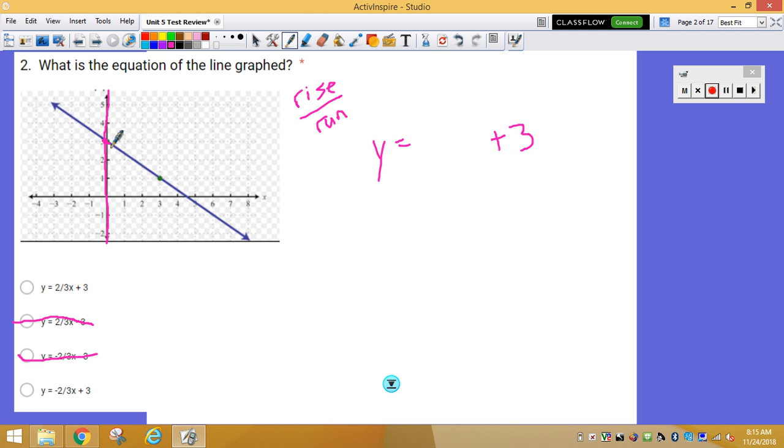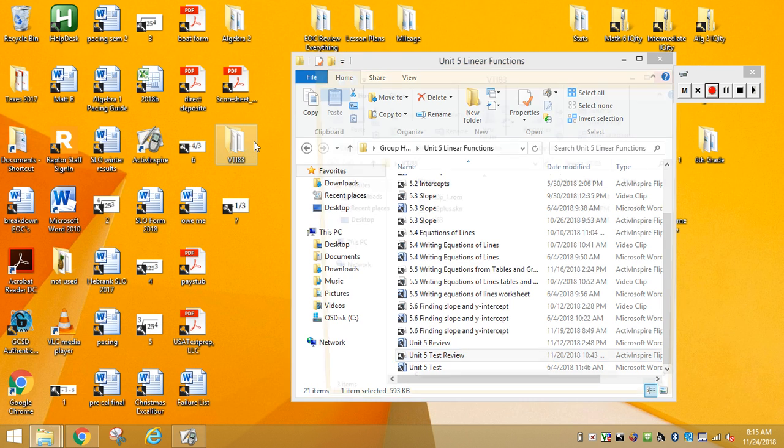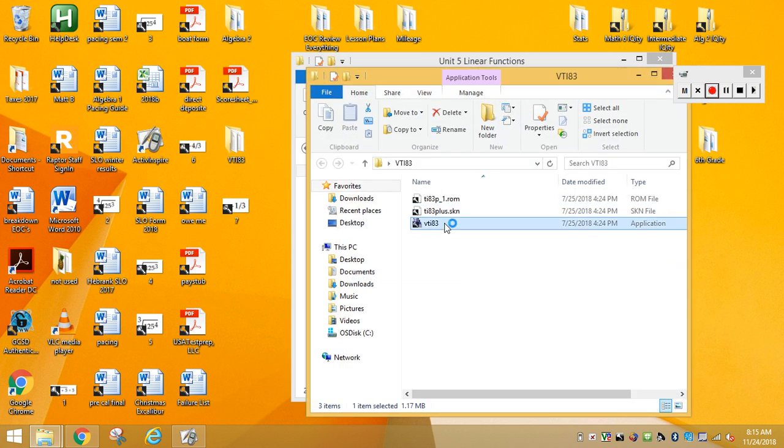So I'm going to go from this dot to this dot. I'm going to go down. Let me do a different color. I'm going to go down 1, 2, and if you go down, that means it's a negative. And I'm going to go over 1, 2, 3. And then remember, we have to type that in our calculator. So let me pull this up.